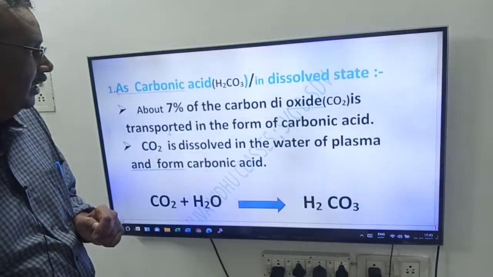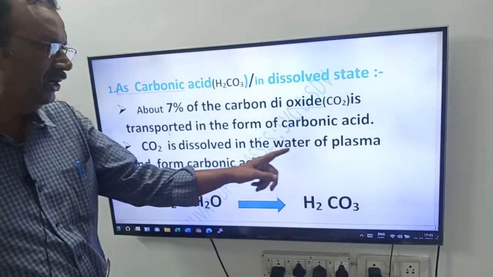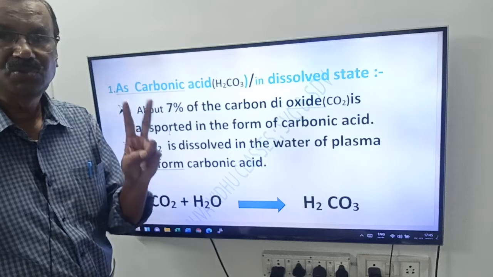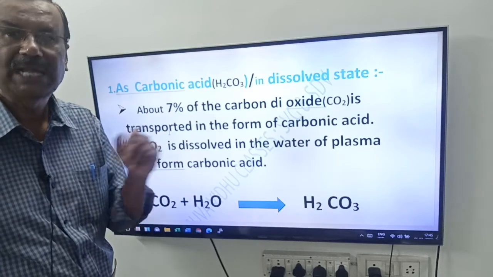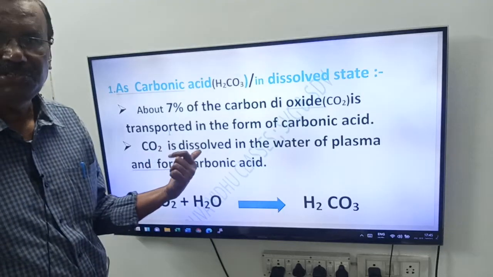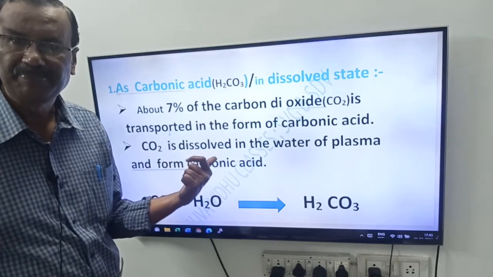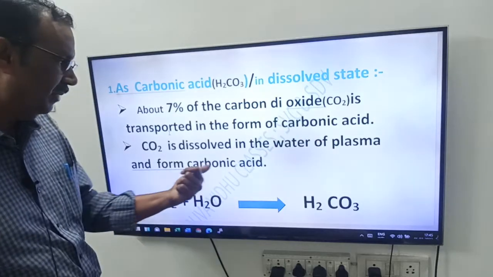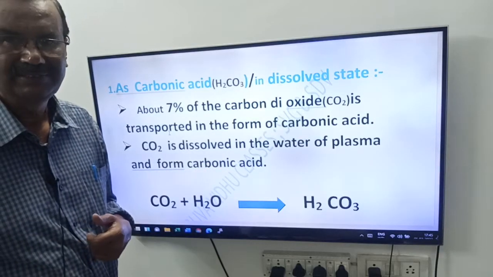Carbonic acid is dissolved in the water of plasma. You know friends, blood has 2 parts, blood cells and plasma. Plasma has water. The carbon dioxide which is coming out from the cells dissolves in the water of plasma and forms carbonic acid.